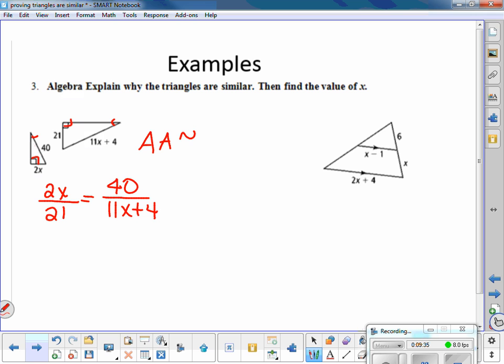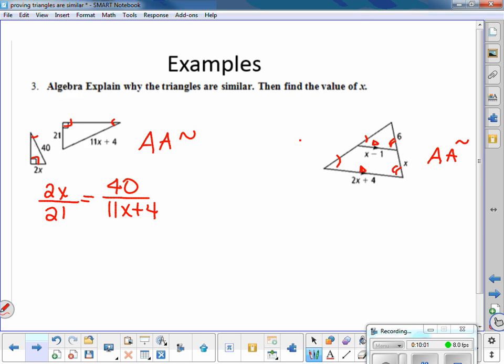Now, let's try this one. If you notice here, this one has these little arrows, which means parallel. When you're looking at parallel, we have some corresponding angles here. So this is also by AA similarity.